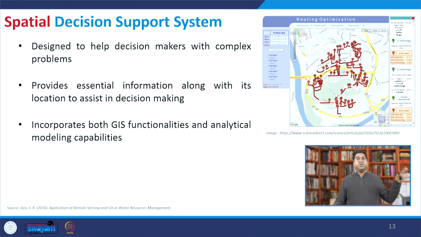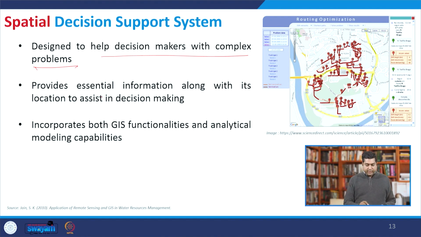So for crowd management, for drainage management, the application of this can be anywhere, even for resilient mapping, disaster mitigation, or post disaster management. These are very useful tools. This spatial decision support system can be designed to help the decision maker with complex problems, because the information is there and only the decision is to be taken, and that can also be plugged in with certain algorithms, so that the decision can be taken accurately.